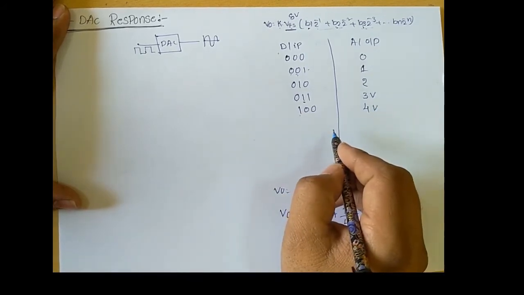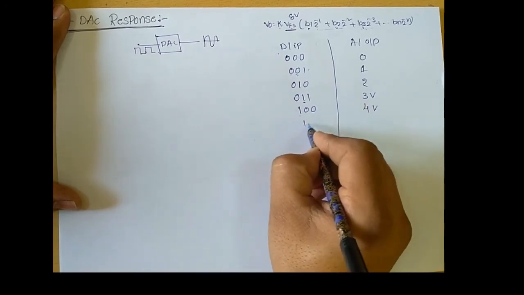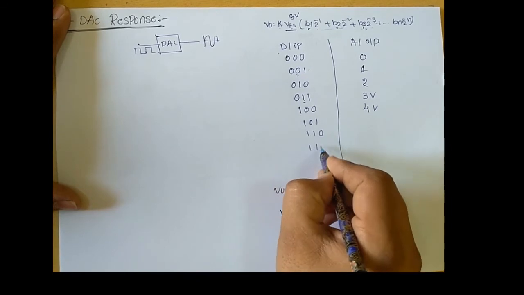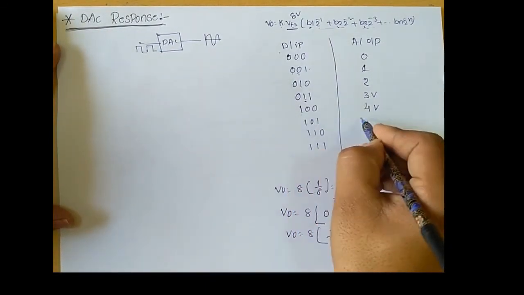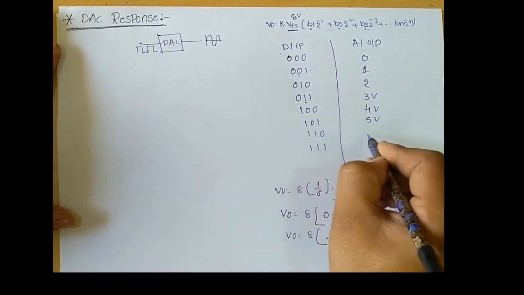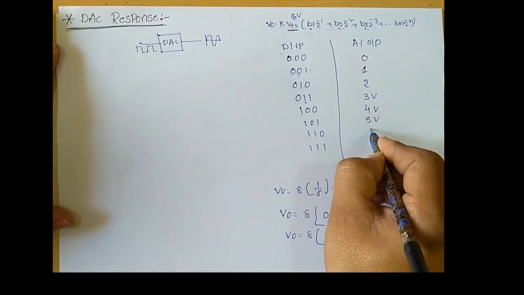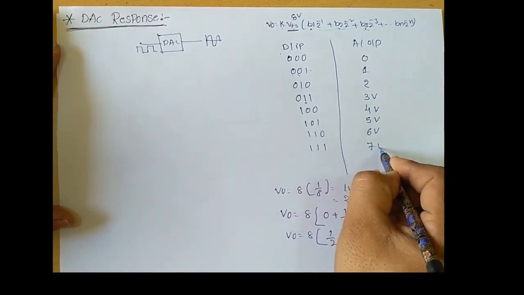Similarly, we consider the other possible combinations of the digital input bits: 101, 110, and the last one, 111. Giving the input 101, we get the output equal to 5 volts, giving 110, we get 6 volts, and giving 111, we get an output equal to 7 volts.